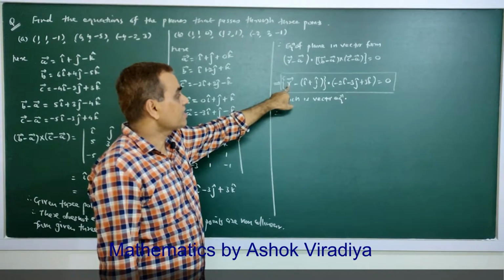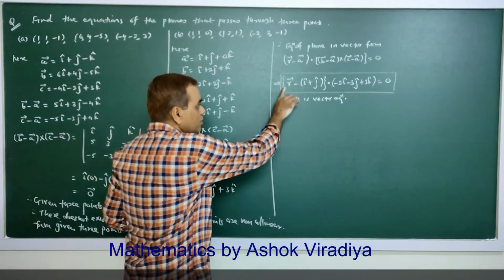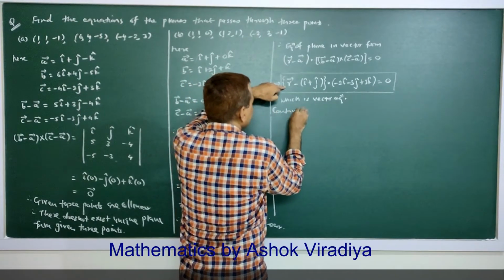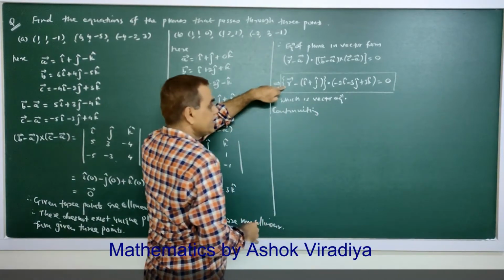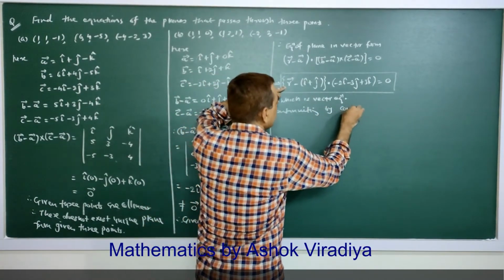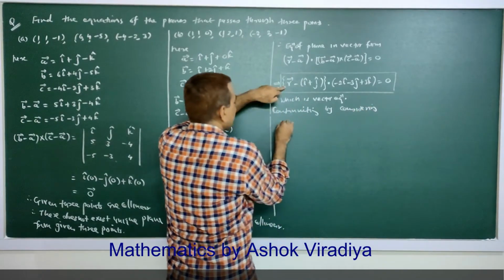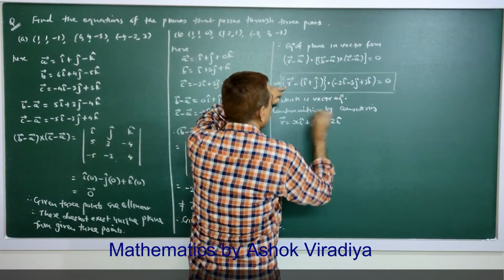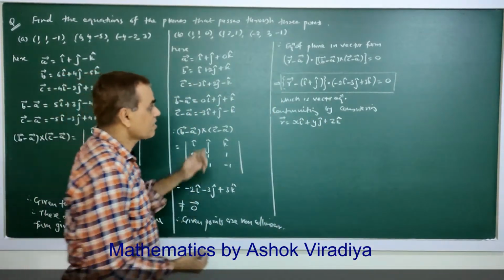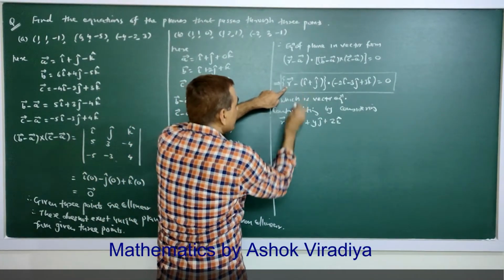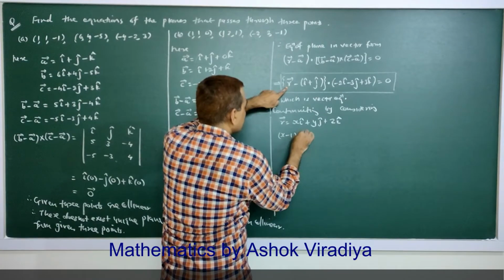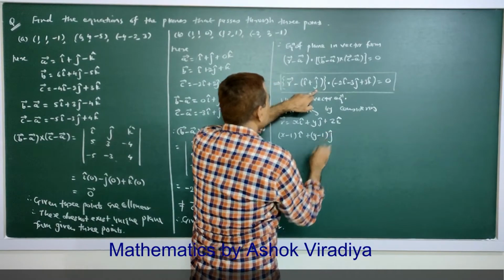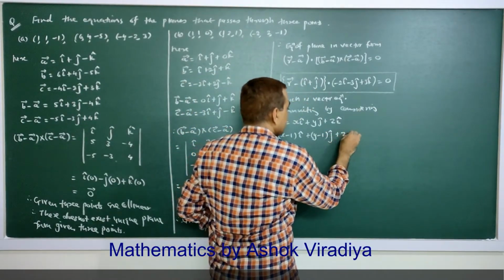So if we keep here x, y, z, then for continuing this calculation, considering vector r as xi plus yj plus zk, this will be x minus 1 times i, y minus 1 times j, and z minus 0 times k.